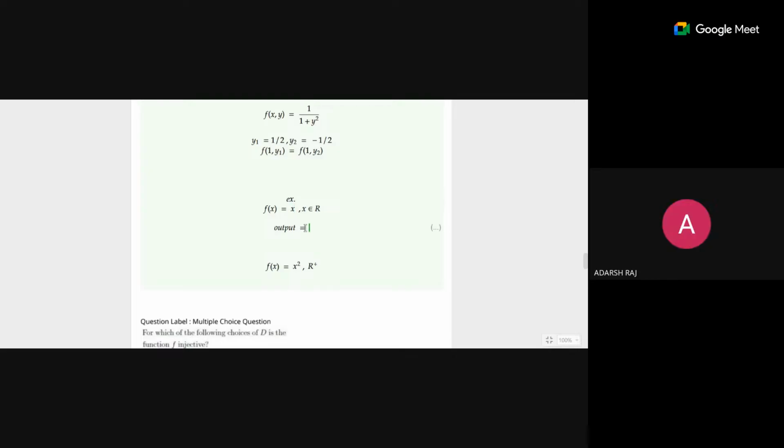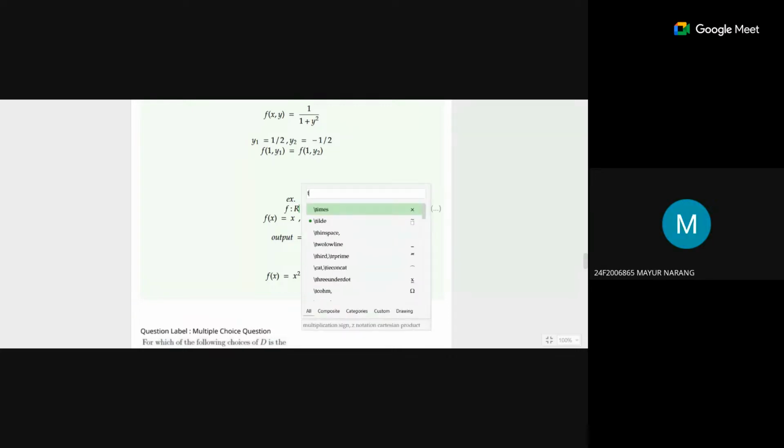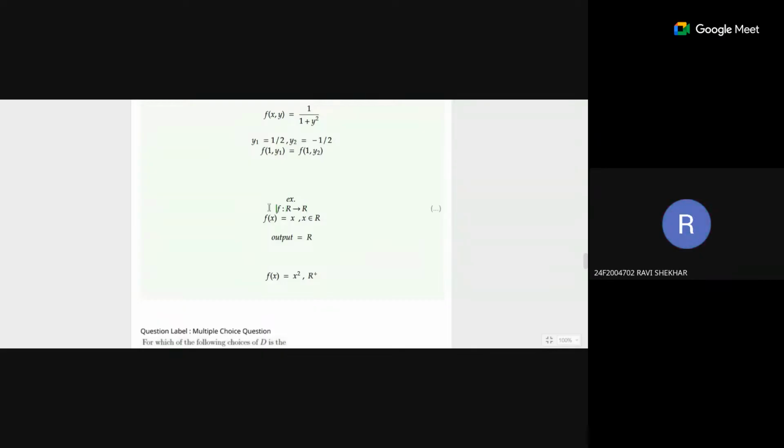So if the output is real numbers, what is the codomain? The codomain of this function is also real numbers. It is not about comparing domain with codomain.